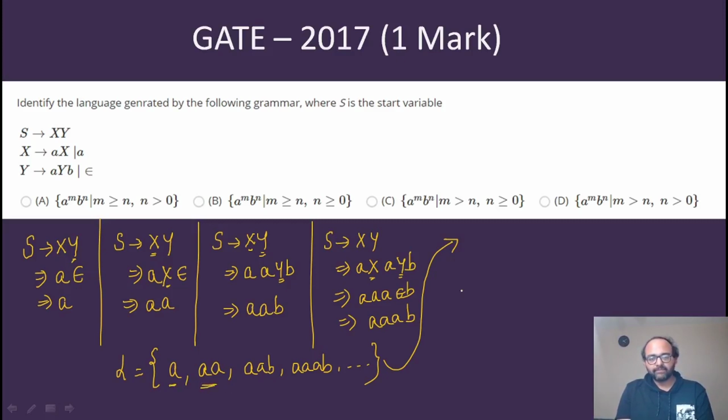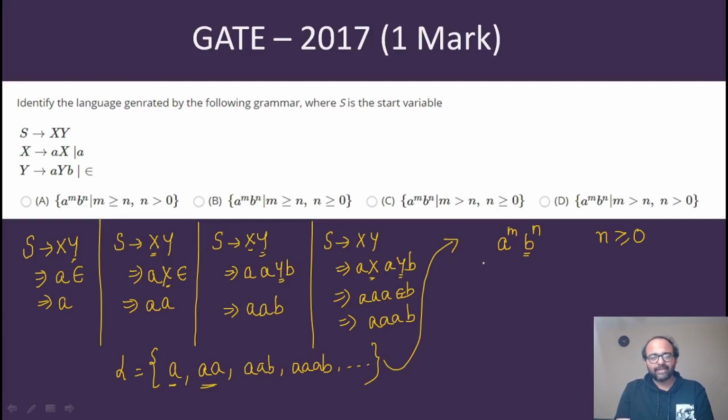It means when you try to represent this language in the form a^m b^n, here the number of b's can be 0, so clearly n is greater than or equal to 0.